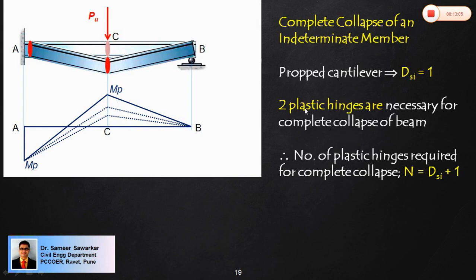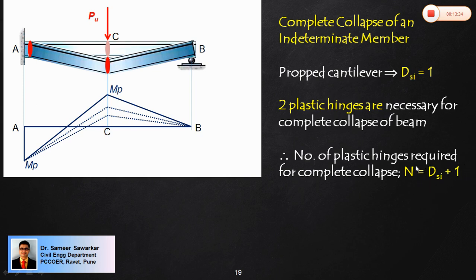What do we conclude from this example? It was a propped cantilever with degree of static indeterminacy 1, and two plastic hinges were necessary for complete collapse of that propped cantilever. So again I am observing that the number of plastic hinges required for complete collapse, N, is equal to degree of static indeterminacy plus 1.